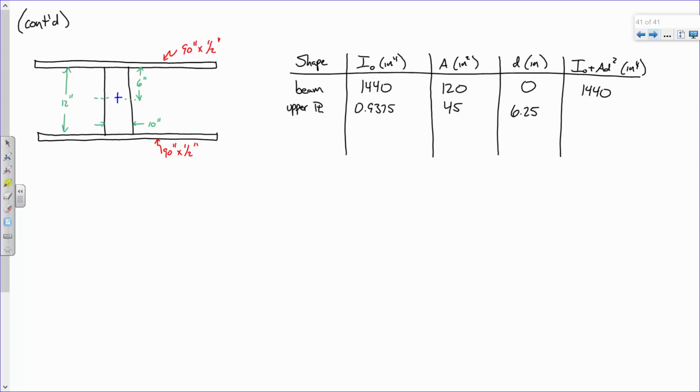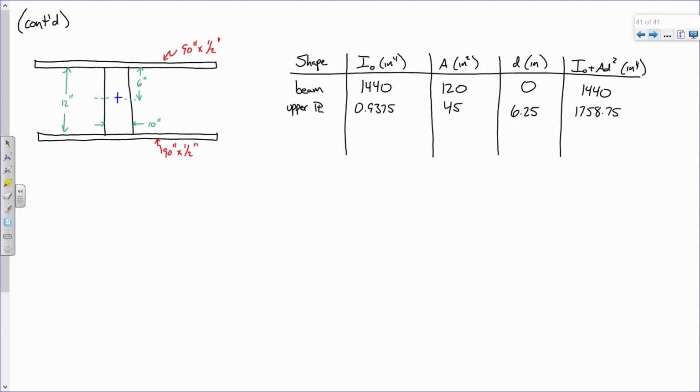So somebody tell me what is I plus AD squared for this, from the center, where D is 6.25? We'll say like 2 decimal places is probably more than enough. 1758.75. Do I have a second on that?